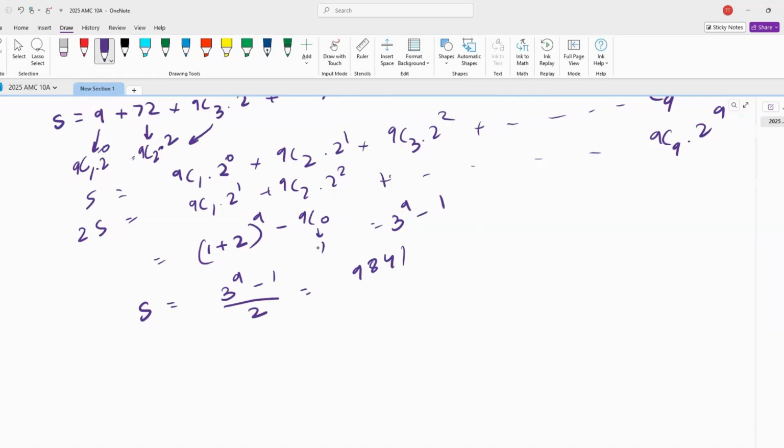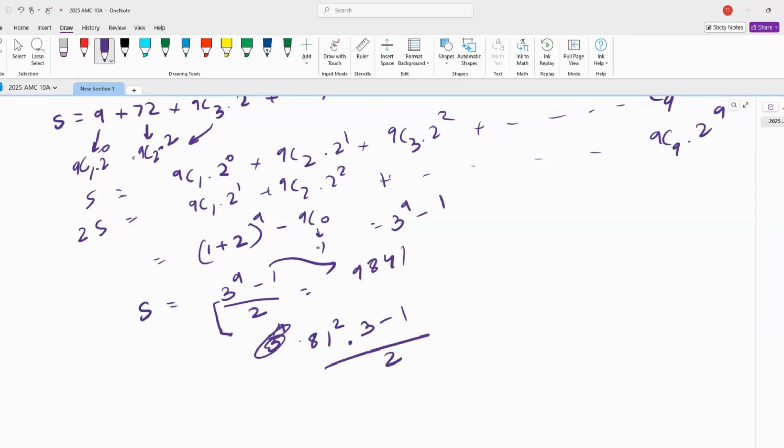Now there is one other way without having to do the entire calculation and get to 9841. So if we break this down, we get 3 to the fourth, so this becomes 81 squared times 3 minus 1 over 2, right?